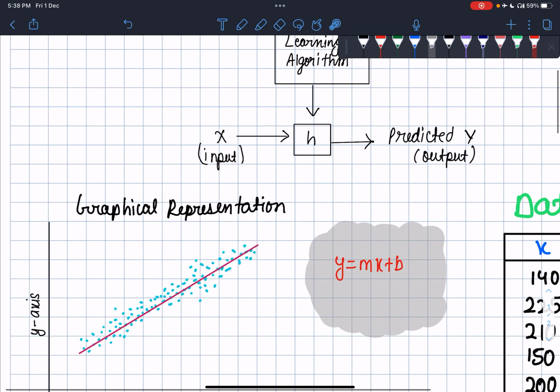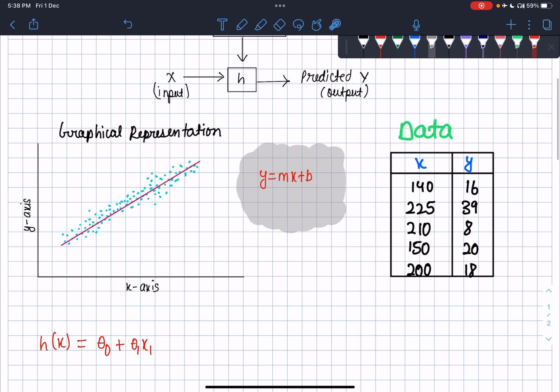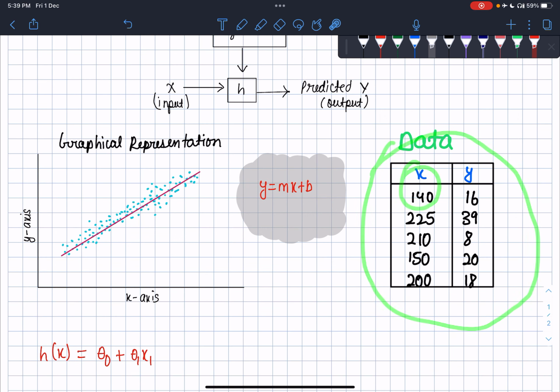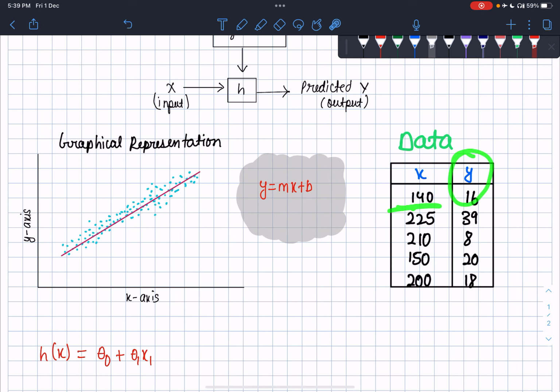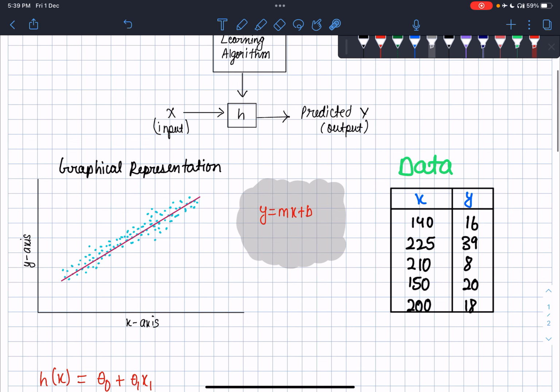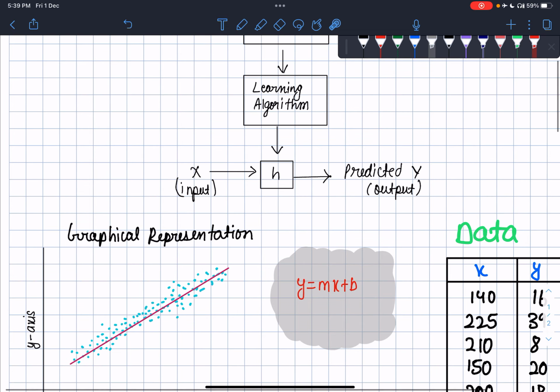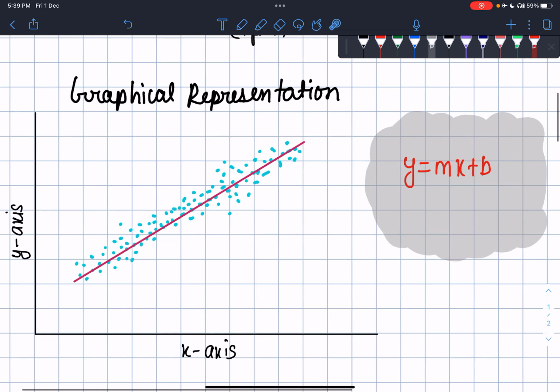You can see the visual representation. Before that we have some data like this. Let's suppose this is your x, and this is your y. If you give 140 to this function, you will get 16. 16 is the original value which has been set earlier, and you have to predict it.